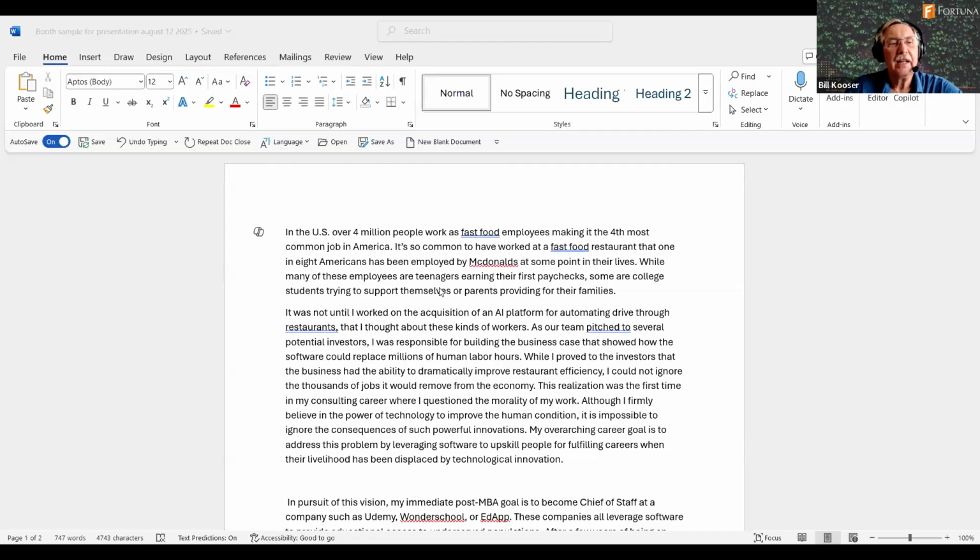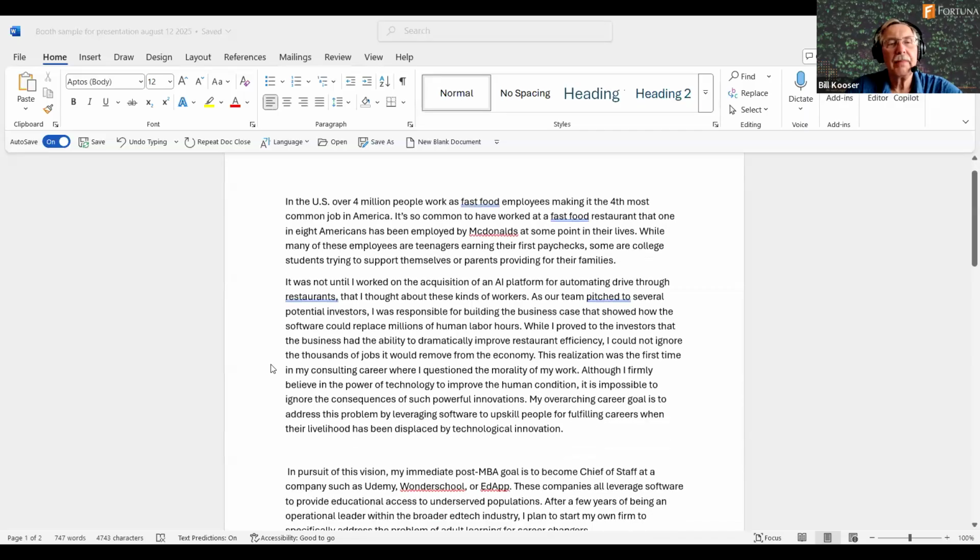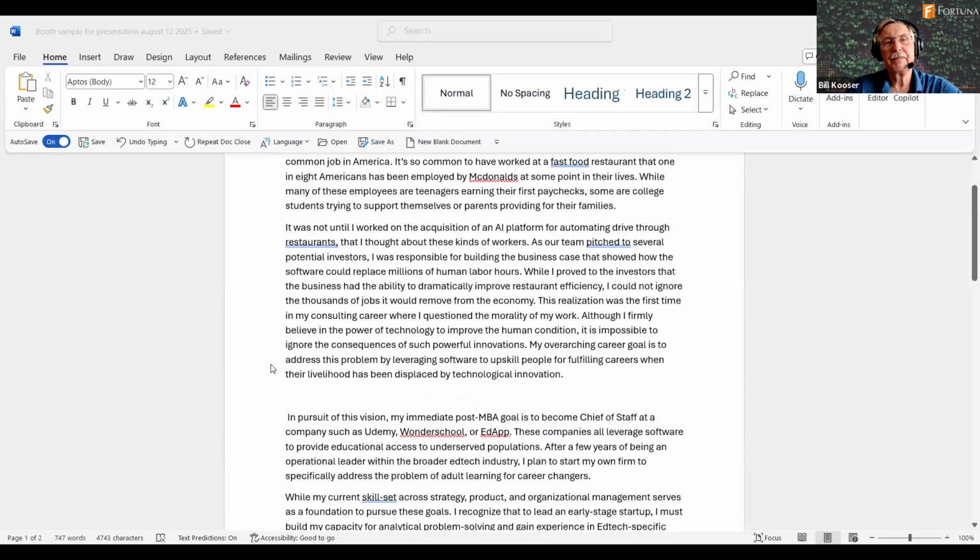He talks a bit more about how this is concerning: I'm helping this company, but it's also putting people out of work. This is a challenge for him, wrestling with what this means for him personally, what it means for the economy generally, and what it means for the labor force in the United States.